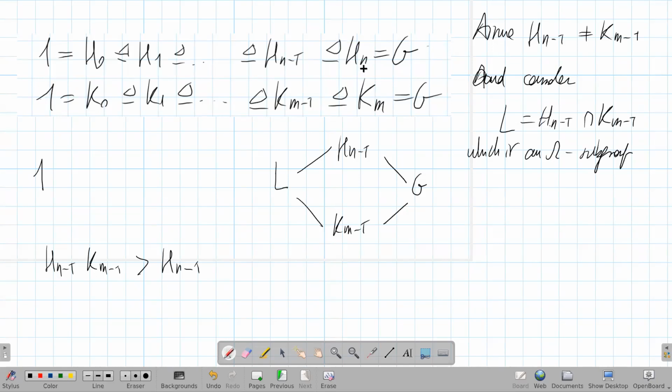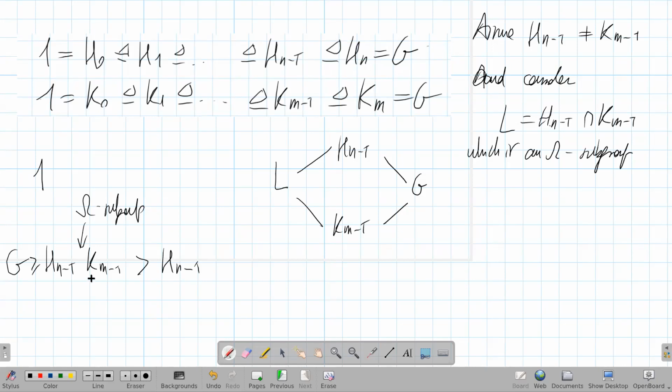But remember, this is an omega composition series, and this is an omega subgroup contained in G, again because it's a product of two omega subgroups. It's a subgroup because they are both normal in G. By definition, an omega composition series means that between G and H_{n-1}, between any two consecutive terms, there are no more omega subgroups.